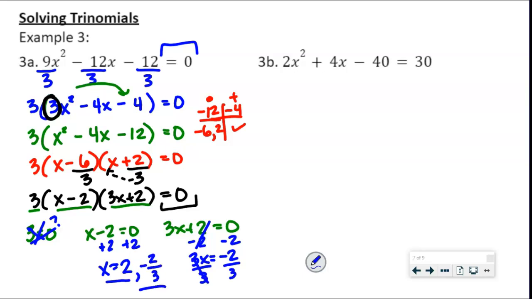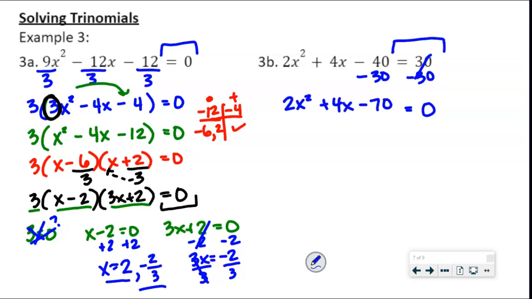So same thing here. Let's take a look at 3b, right? We're solving an equation. Oh, but what do you notice? It has to equal 0, right? Our quadratic. So what do you have to do first? Subtract the 30 from both sides. Now I've got 2x squared plus 4x minus 70. Now here we go. I notice a is greater than 1, so do we have a GCF? Yes.